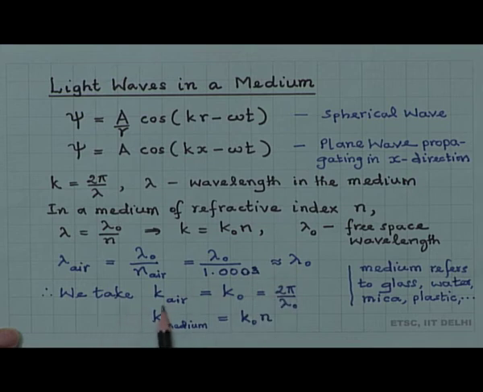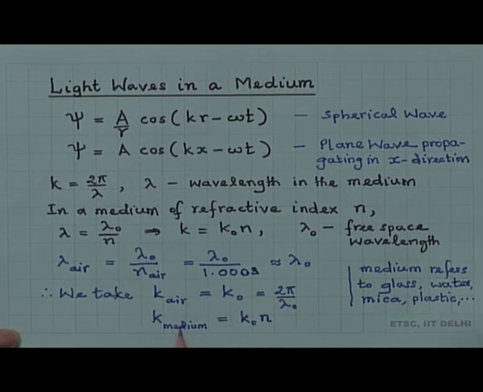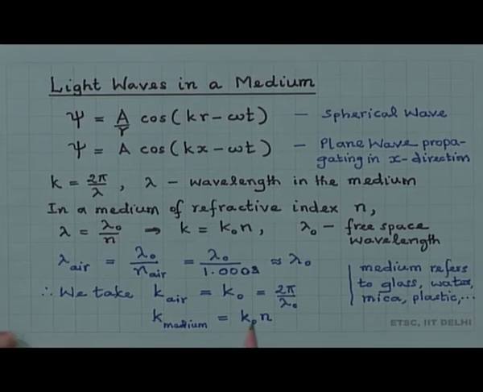In other words, k in air, the phase constant 2 pi by lambda, is assumed to be equal to k0, the free space phase constant 2 pi by lambda 0. However, k in a medium will be 2 pi by lambda 0 by n, that is, k0 times n.